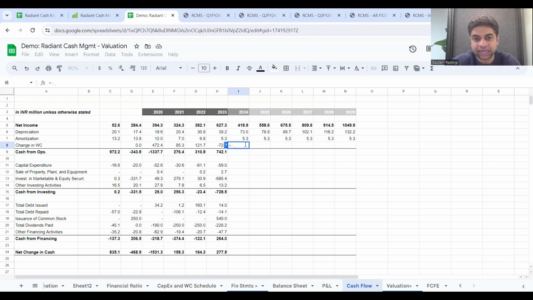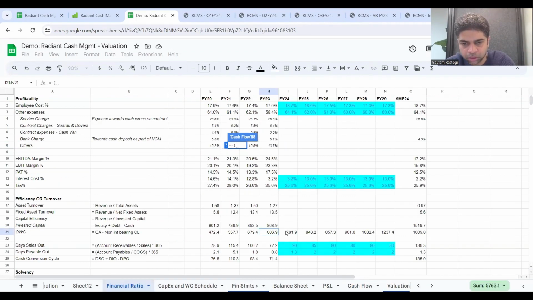I'll prefix a negative sign because we are talking about the change in working capital. If the working capital is increasing, more and more capital is getting stuck, which would be a drag on your cash flow from operations. That's why you prefix it with a negative sign. Let's go to financial ratio. यहाँ पे pull this number from FY24 minus this number from FY23.